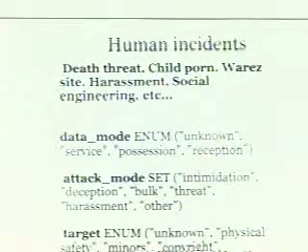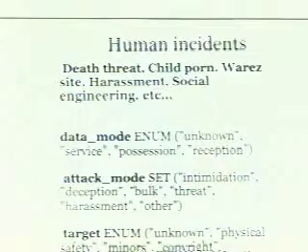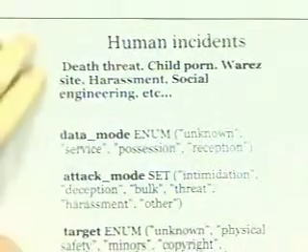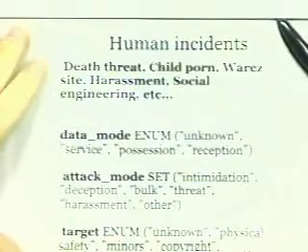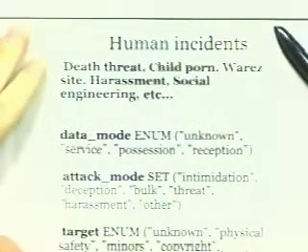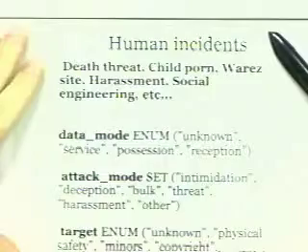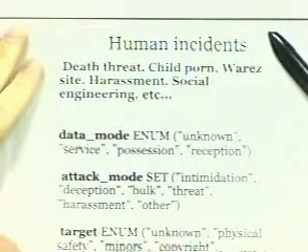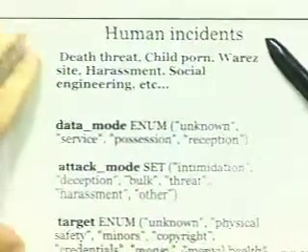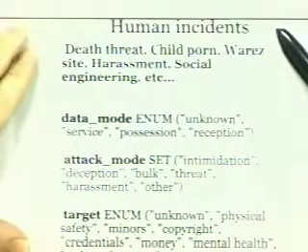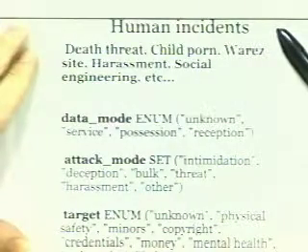Well, I've been talking mostly so far about technical incidents. I'd just like to point out that there are also human incidents that use technical means to be done. For example, if you send anonymous death threats, or you harass somebody, or you're storing child pornography on your computer and maybe even distributing it.